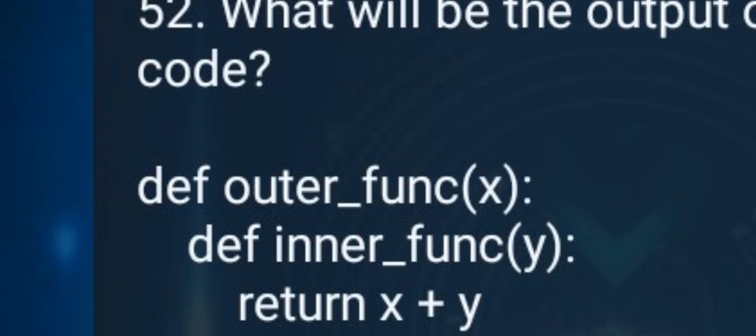The inner function returns the summation of the argument of the outer function and the argument of the inner function, two numbers: one passed to the outer function, and the other passed to the inner function.